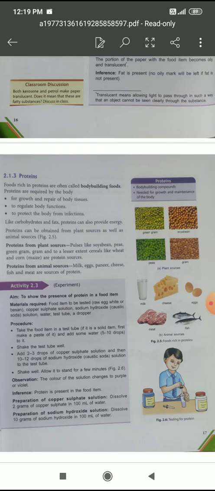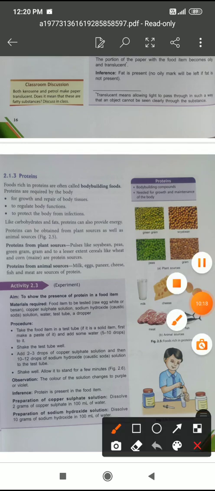Add 2 to 3 drops of copper sulfate solution and then 10 to 12 drops of sodium hydroxide or caustic soda solution to the test tube. Okay. Then shake and allow it to stand for a few minutes as shown in figure 2.6. Okay, here you can see.